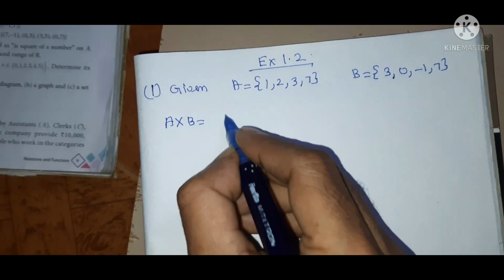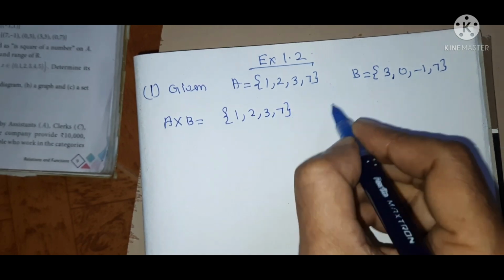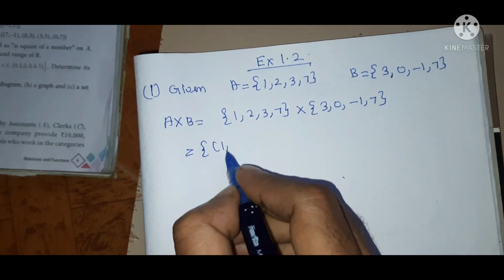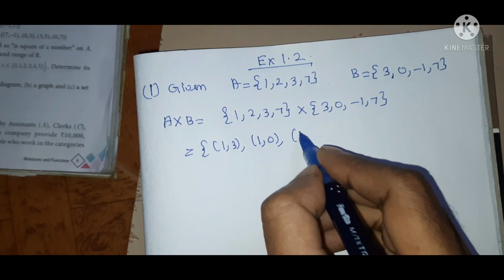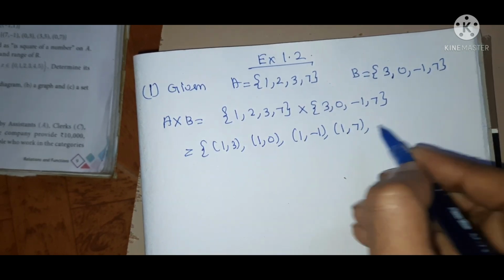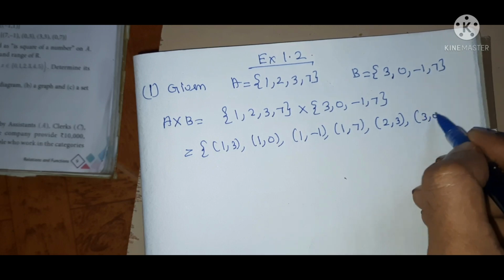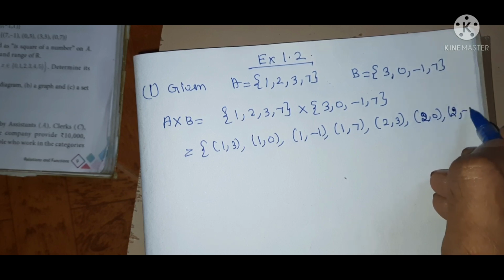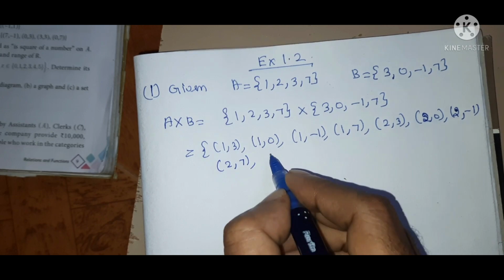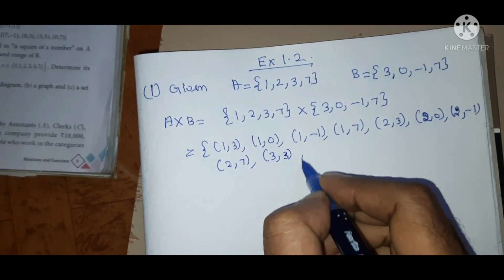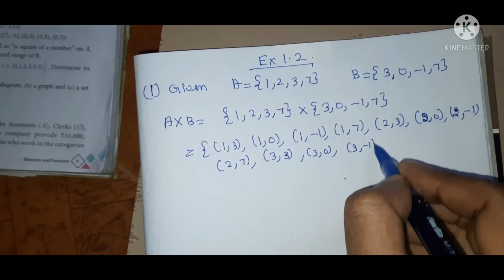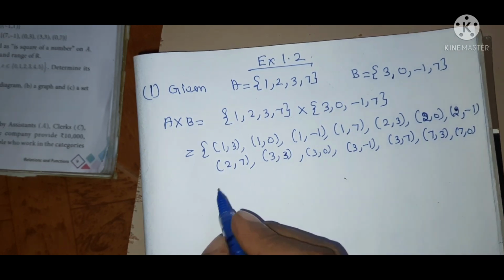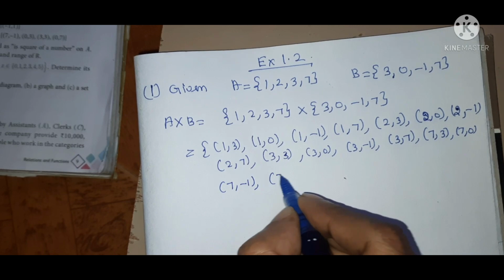A cross B, the ordered pairs: (1, 3), (1, 0), (1, -1), (1, 7), (2, 3), (2, 0), (2, -1), (2, 7), (3, 3), (3, 0), (3, -1), (3, 7), (7, 3), (7, 0), (7, -1), (7, 7).